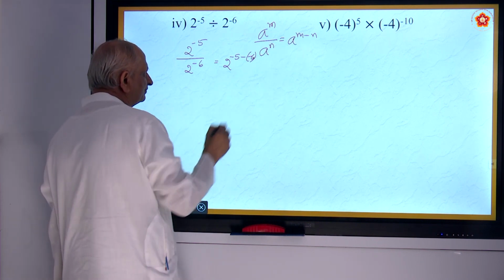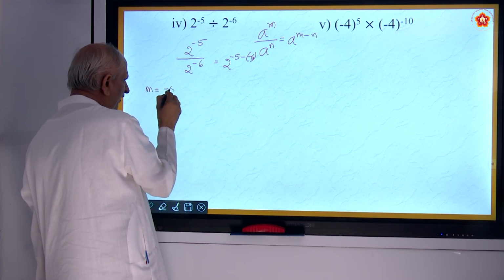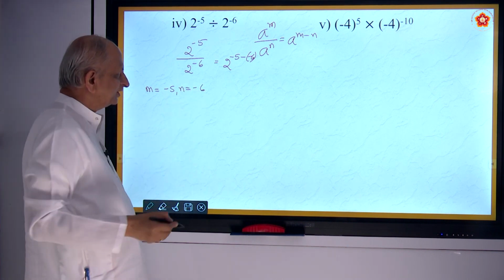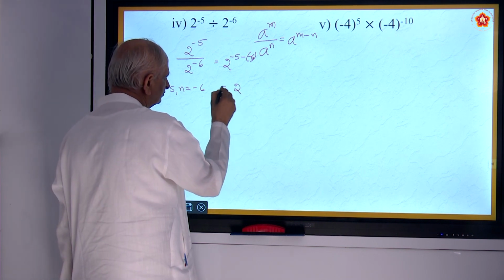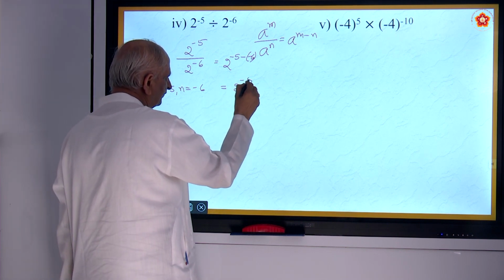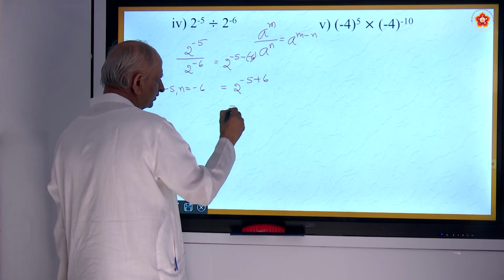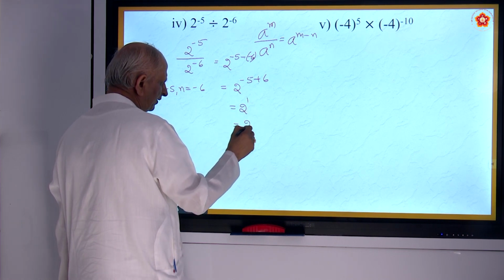M minus n. Here m is minus 5, n is minus 6. So that minus 6 should be subtracted. So you have 2 to the power of minus 5 plus 6. Minus into minus. So 6 minus 5, how much? 2 to the power of 1.